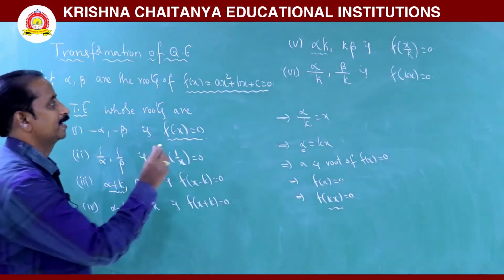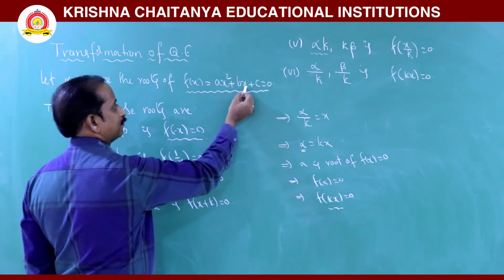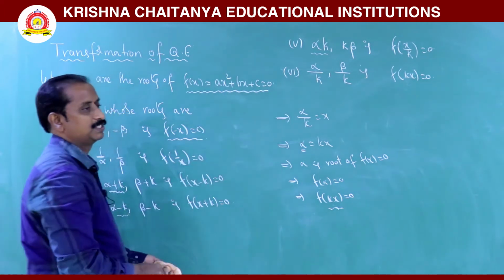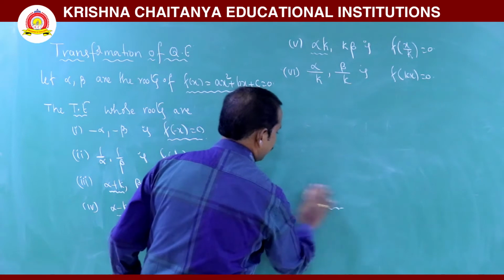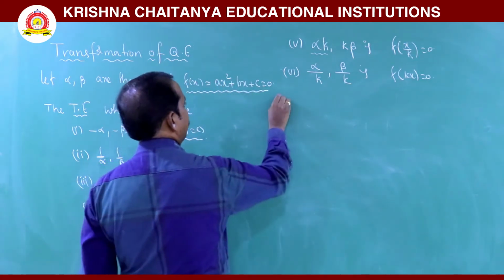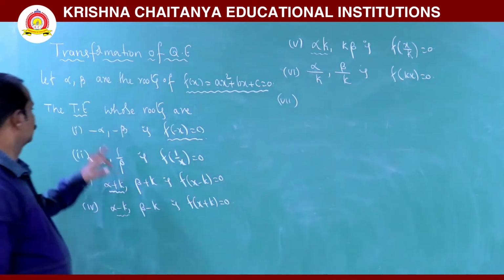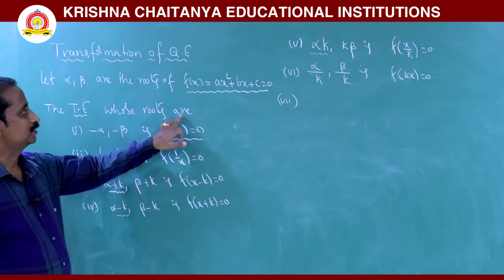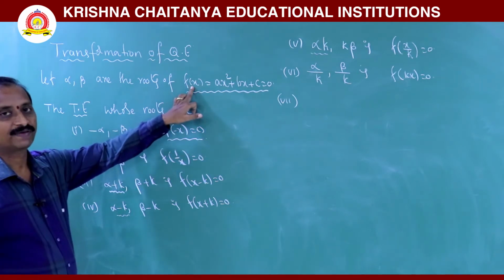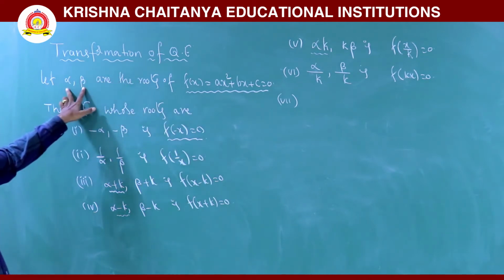Now f of kx means a times kx whole square plus b times kx plus c is equal to 0. Next, come to another one, the seventh point. The transformed equation whose roots are squares of the roots of f of x is equal to 0. The roots of f of x is equal to 0 are alpha and beta.